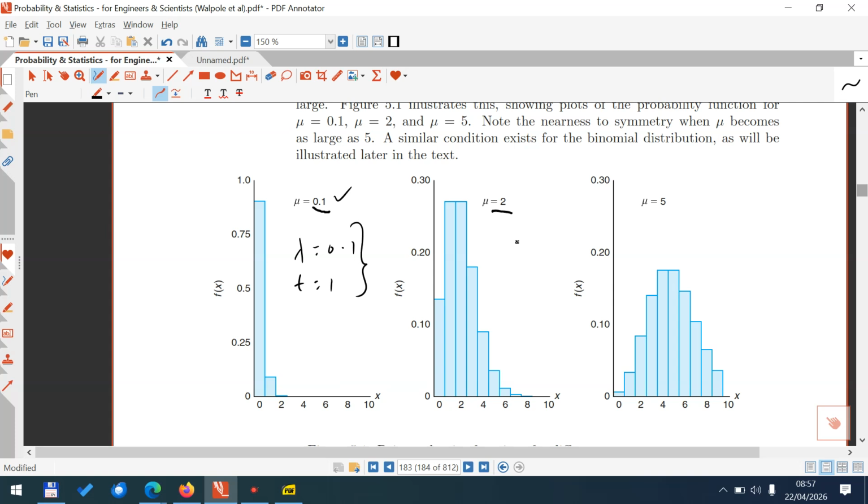I'm just cooking it up so that you see the point. Here t is equal to 20, so that's why lambda times t is equal to 2. And here t is equal to 50. So now tell me what will be your question in this case.